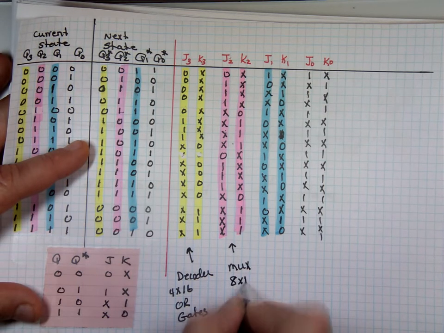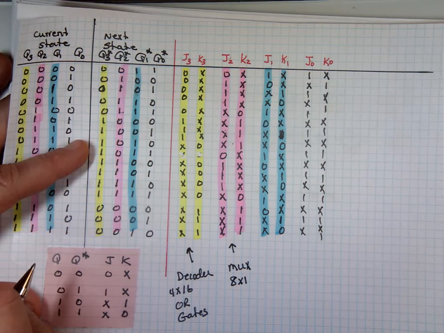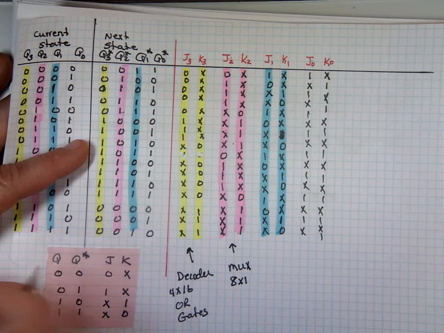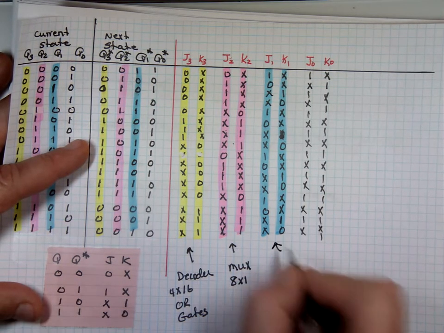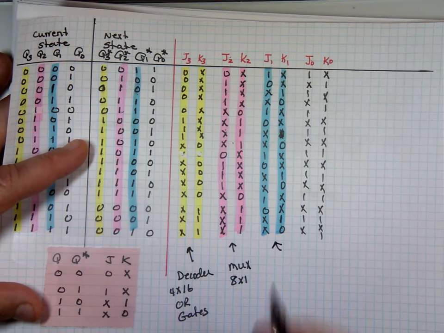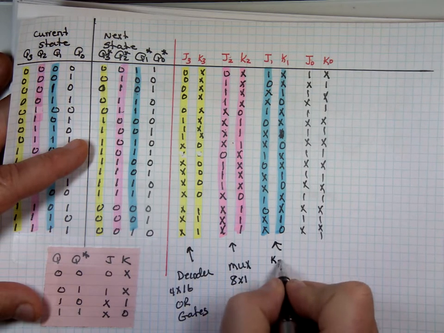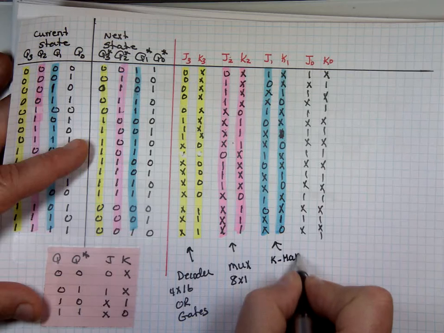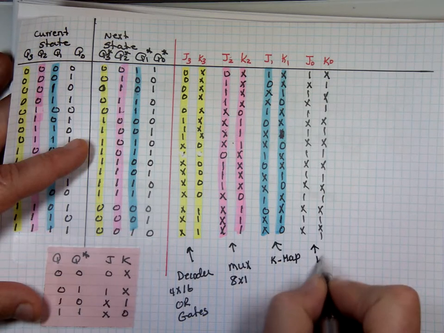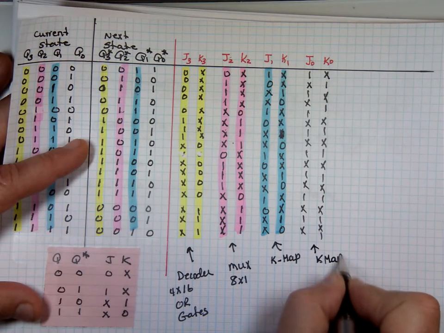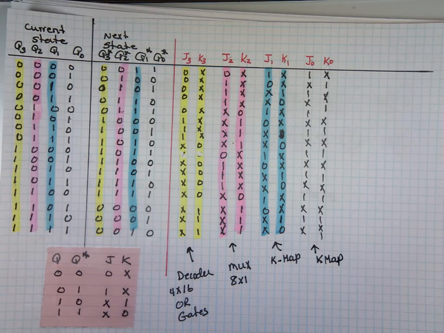I will need 2 of them. Maybe these, I'll just go back and use K-map. And the same thing here. I'm going to mix and match what to use for each one to drive each flip-flop.